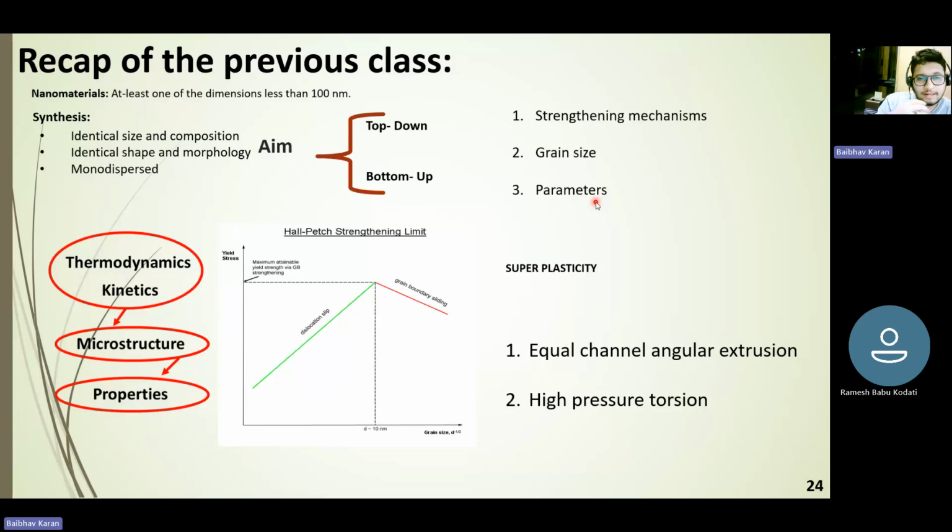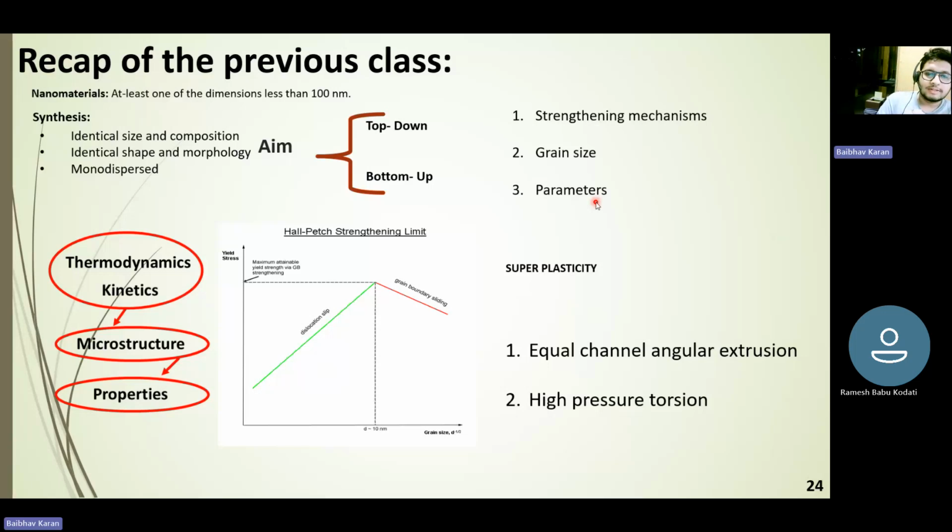Superplasticity means the plasticity level is very high for the material. That is, the material shows a higher plastic behavior, meaning it can be stretched to a very high length and then it will fail. That is known as superplasticity. We gave you some examples regarding superplasticity, and we discussed it in a lot more detail. You can always refer to previous courses regarding this.